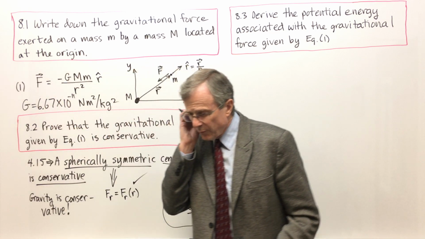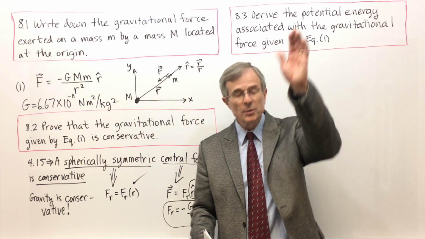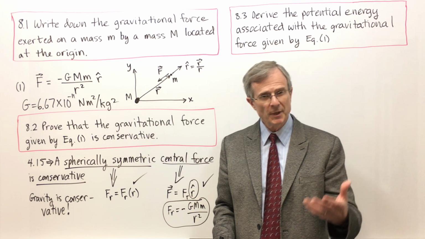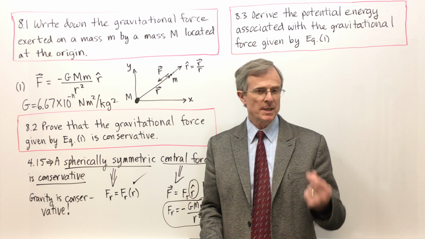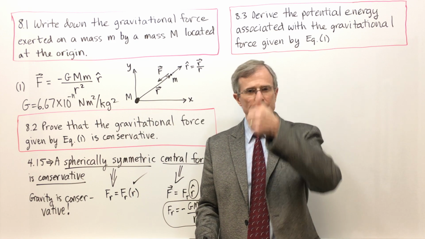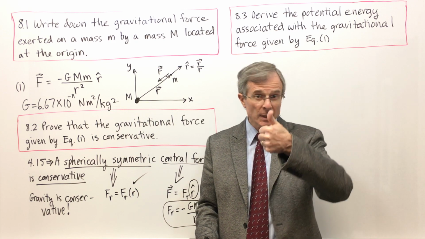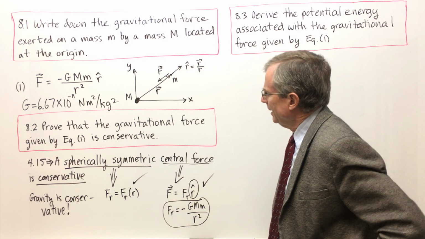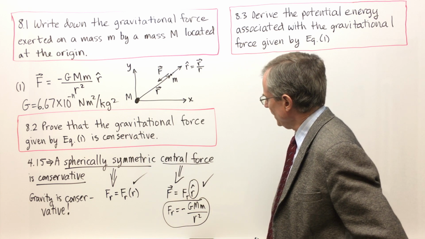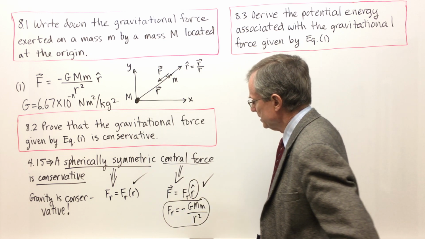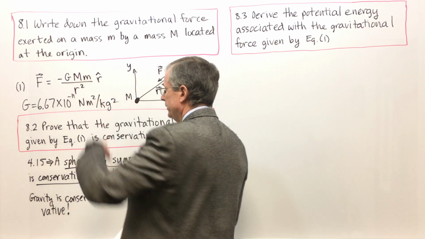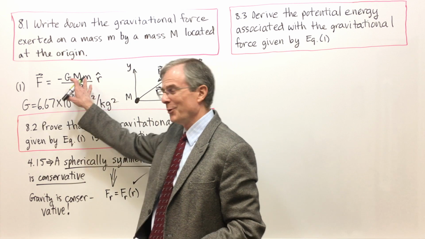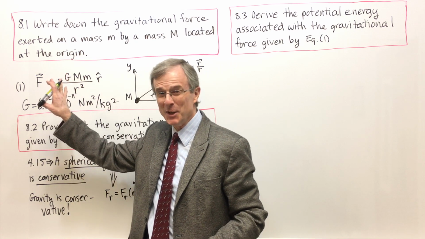And you already knew that for the uniform gravity near the Earth's surface. We've dealt with that a lot. The gravitational potential energy is mg times y, a coordinate measured vertically upward. Now, for the next concept, this is new, because this is not a uniform gravitational field. It's not a constant.